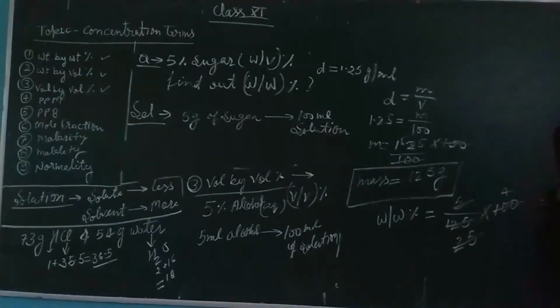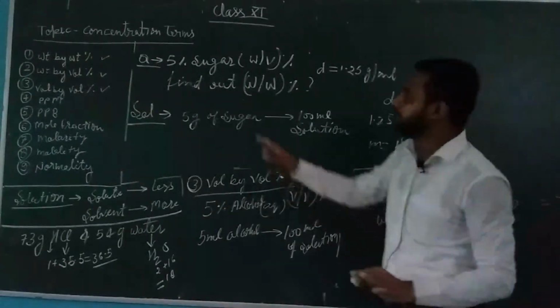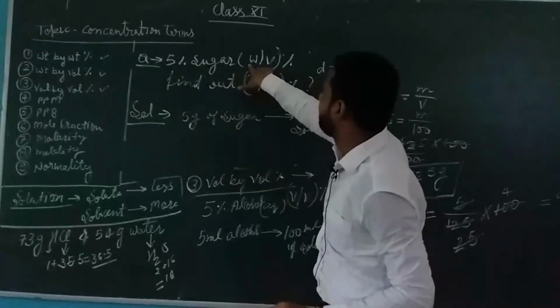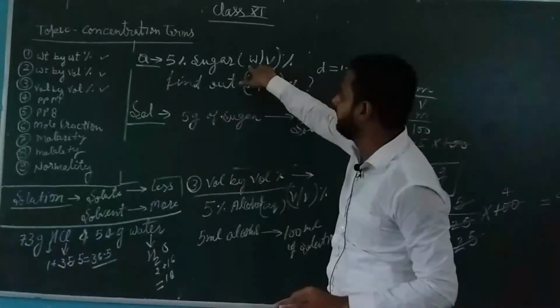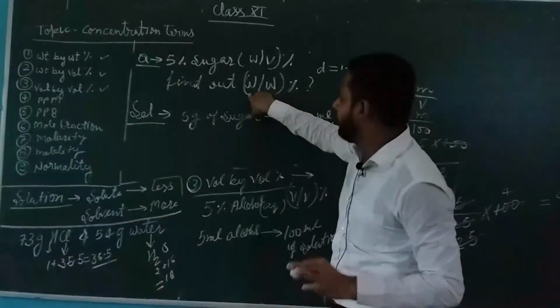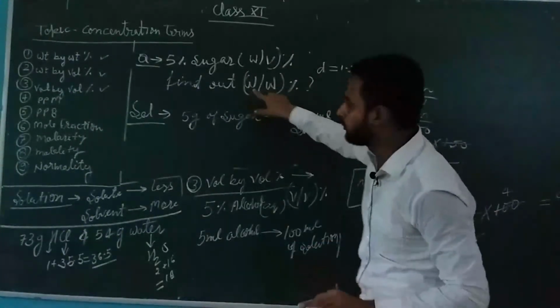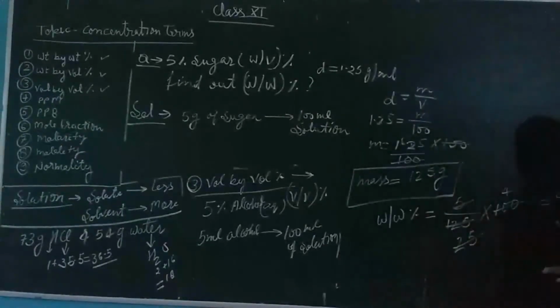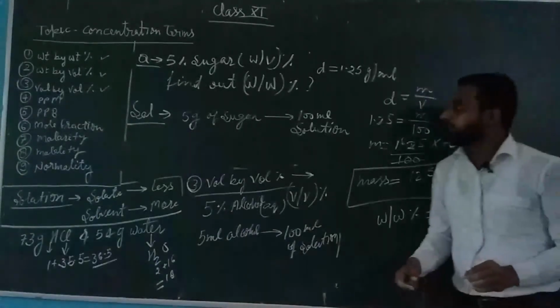The final answer is 4%. So we can understand that if 5% sugar weight by volume percent is given and weight by weight percent is asked, then weight by weight percent will be 4%. This is the answer of this question. Thank you very much.